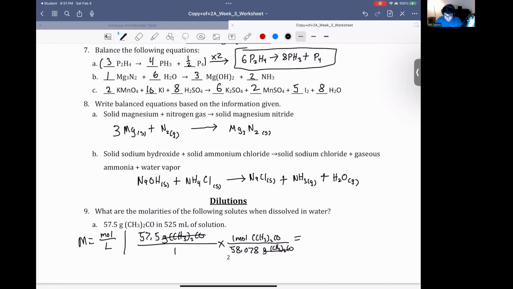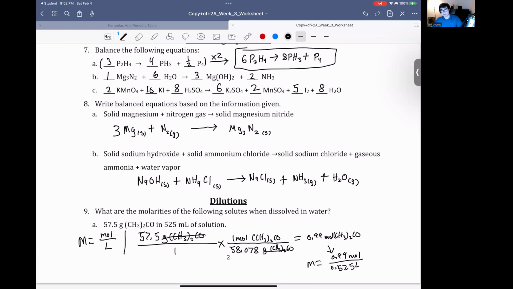So this ends up being 0.99 moles of acetone. And then we're going to go ahead and divide this by the liters, right? So moles, then divide by liters. So 0.99 divided by 0.525 liters, right? That's what we're given. And that is the molarity here.